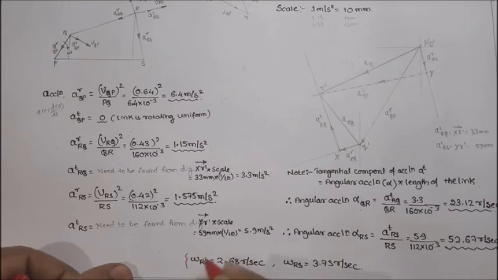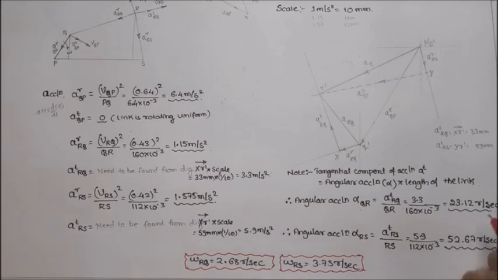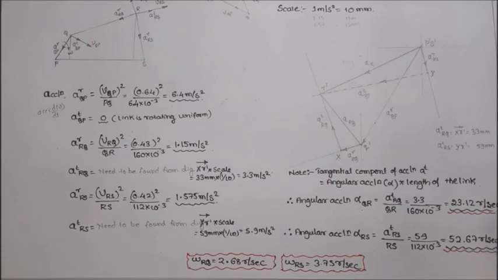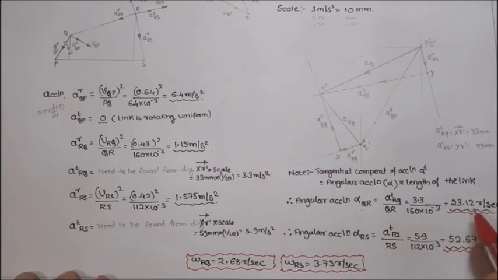So better put it into one box, because in examination they will be concentrating on what answer you have got. I am pretty sure that for different scales and different measurements you may be getting somewhat different answers.